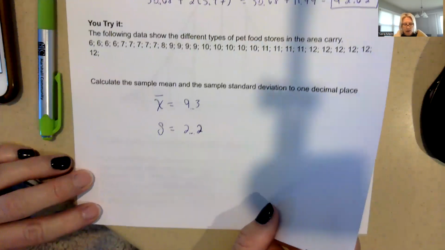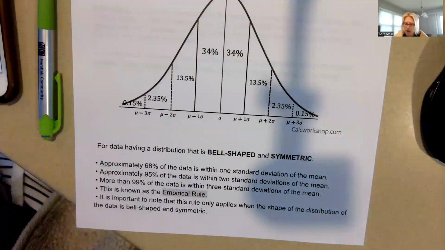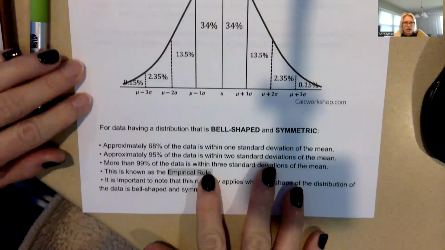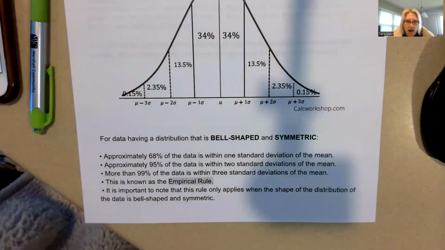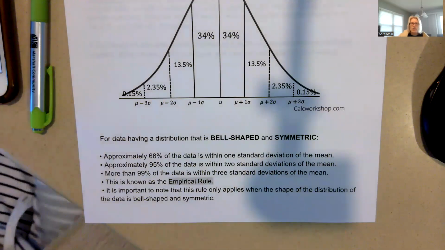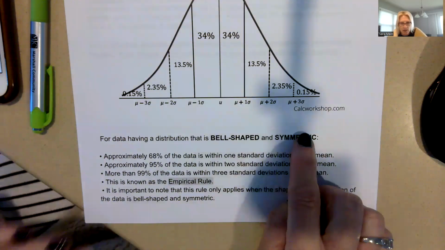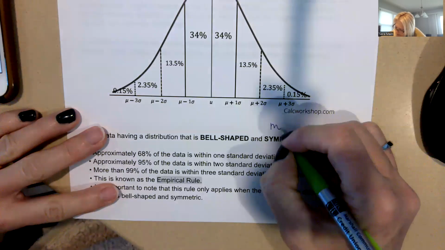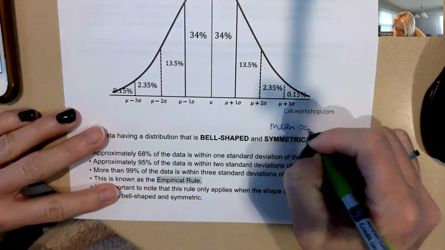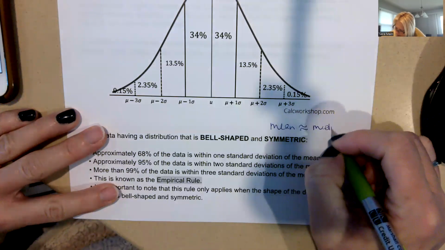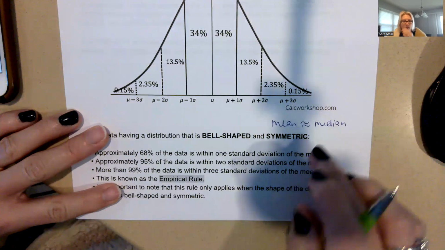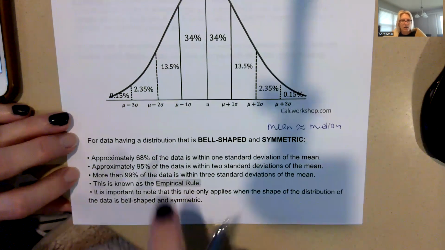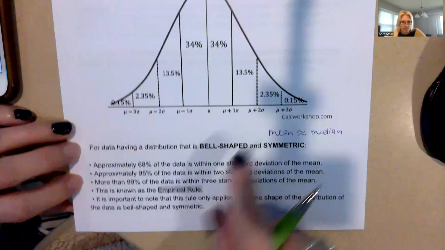Okay, so now we're going to put our mean and our standard deviation all together here. If our data is bell-shaped, if it's symmetric, meaning the mean is approximately equal to the median, then we can make some statements about the histogram that we're going to draw.